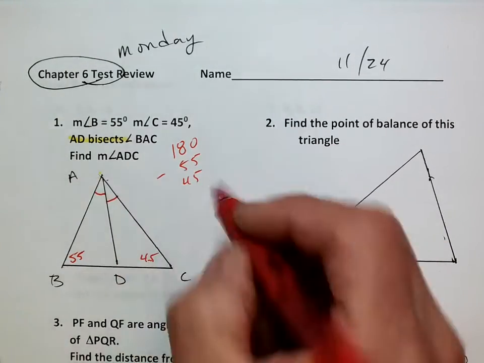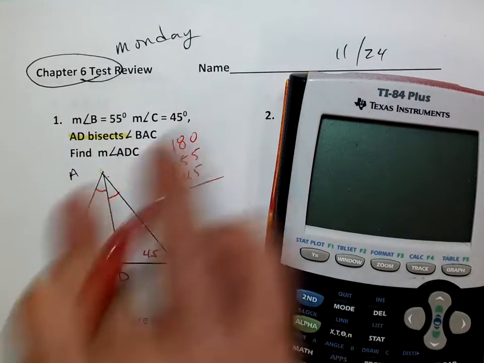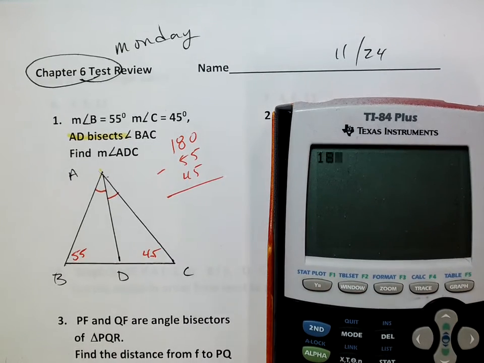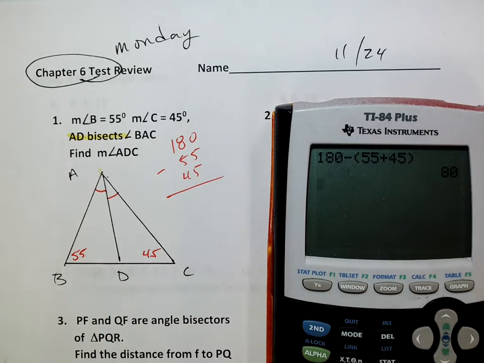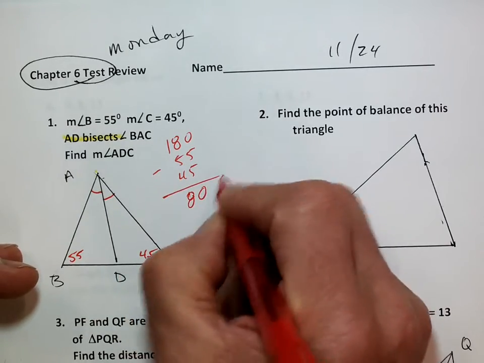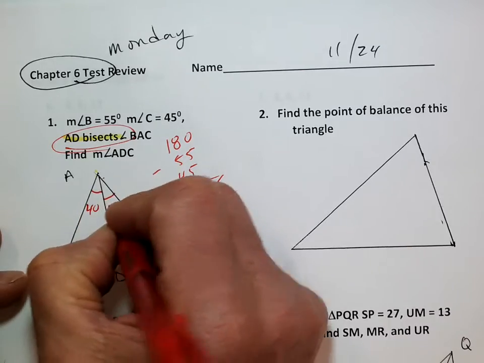What's left over is going to be the whole angle, angle A. So I'll do that on my calculator. 180 for the whole triangle, minus my 55 and my 45, and I get an angle of about 80 degrees. What I'll do with the 80 then is cut that in half because it gets bisected. So 40 degrees here and 40 degrees here, okay?